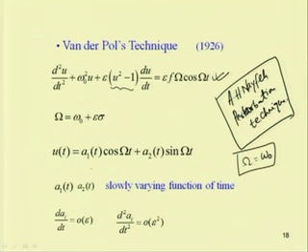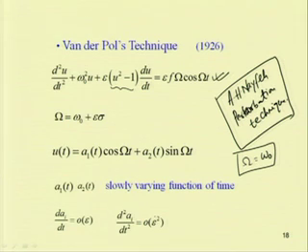One has to consider a1 and a2 as slowly varying functions of time, so that da1 by dt and da2 by dt will be of the order of epsilon, and d square a1 by dt square and d square a2 by dt square will be further slowly varying, that is, of the order of epsilon square.